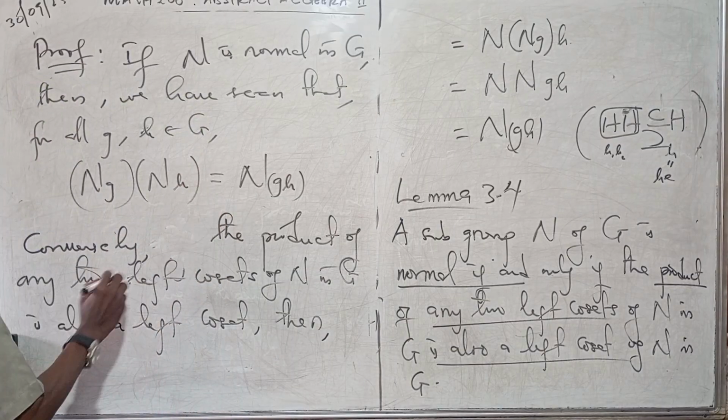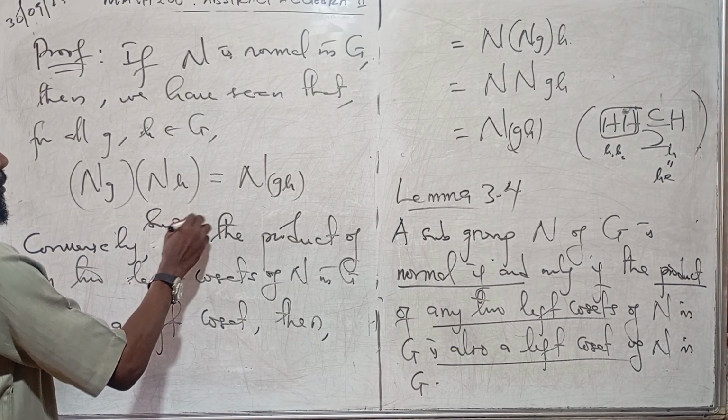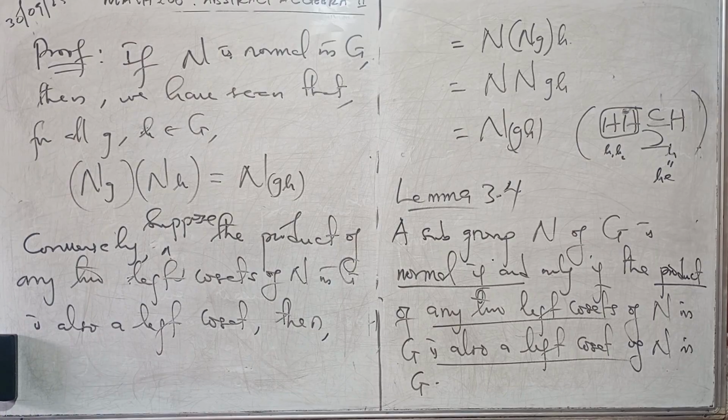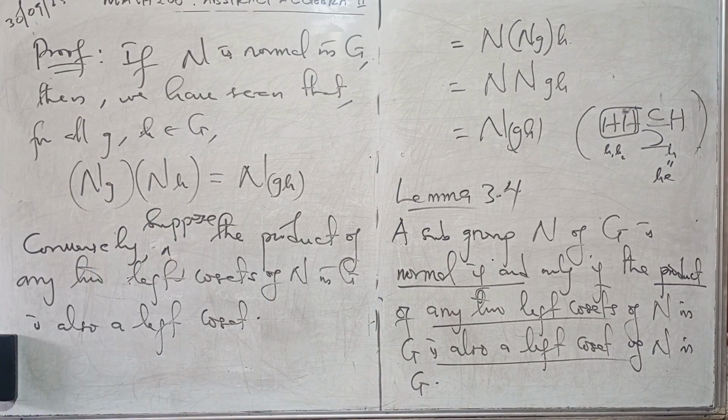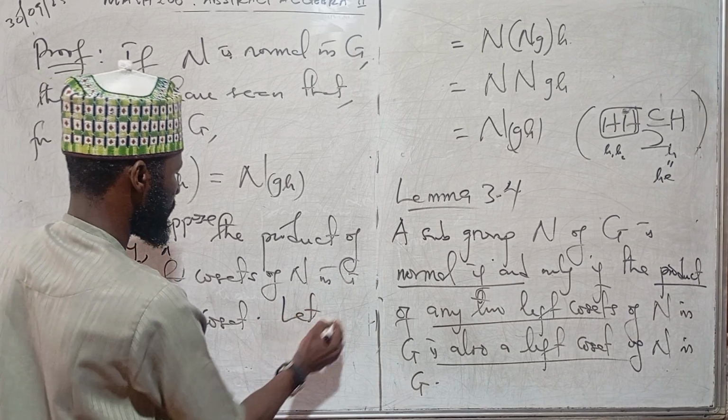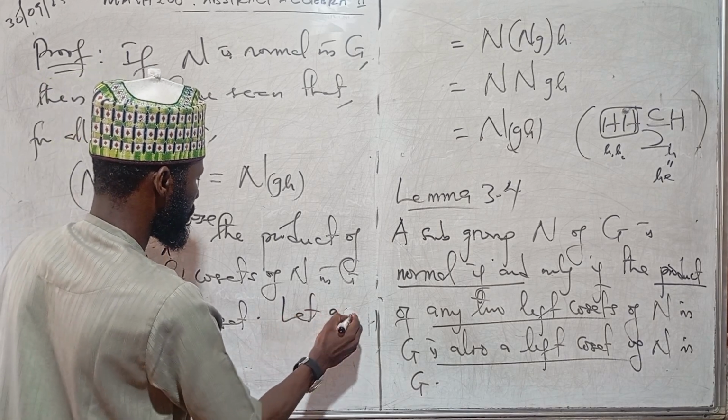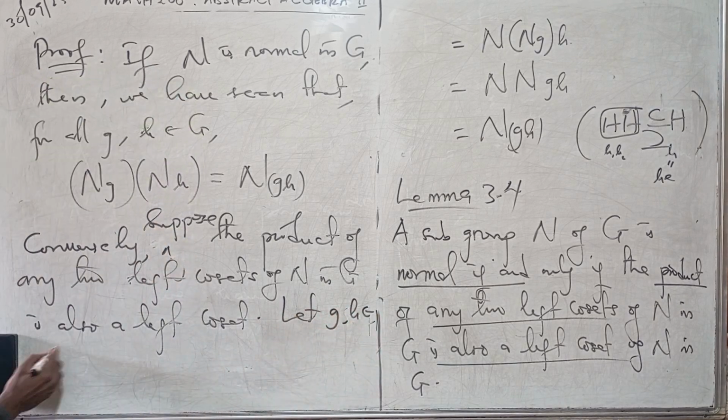So we say suppose the product of any two left cosets is also a left coset. Let g and h be elements in the group.